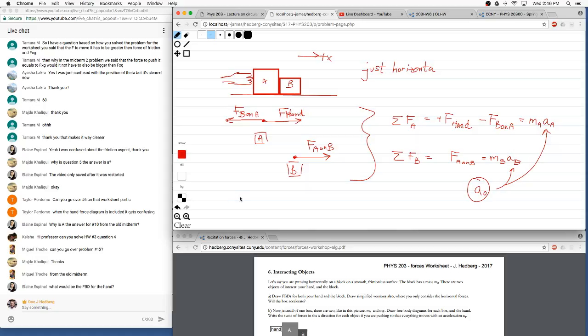Well, we draw a dot for the hand. And this is where we start to have to get a little creative, or we have to interpret the physical world in different ways. But one possible free body diagram for the hand would be the force going this way from A on hand, and then also a force going that way, which would be the force of your arm on your hand, right?